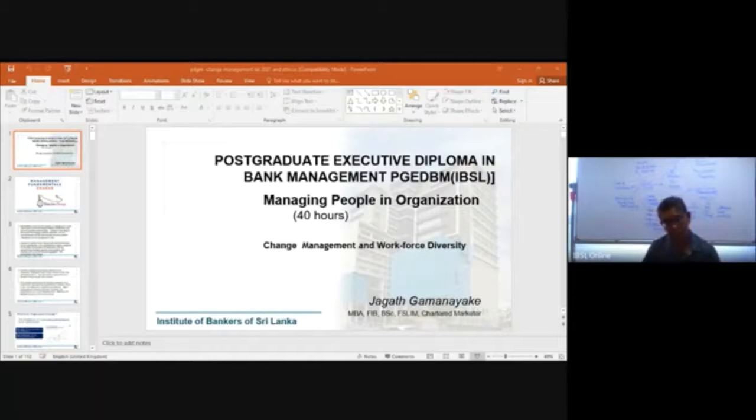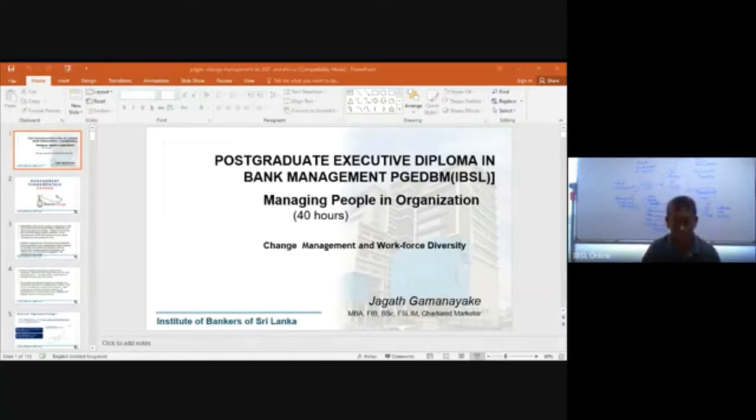In an organization, you have diverse workers. But a lot of problems are faced today, especially by the state banks. You won't see workforce diversity. The majority of employees are from one set of people. But today, because we need different categories of people, different religion, race, ethnicity, lifestyle, disability, all the people are there.